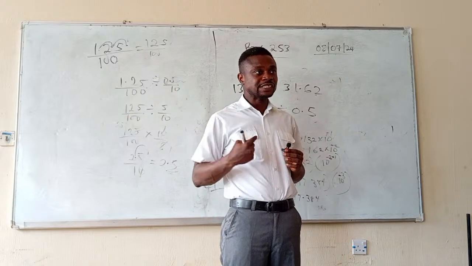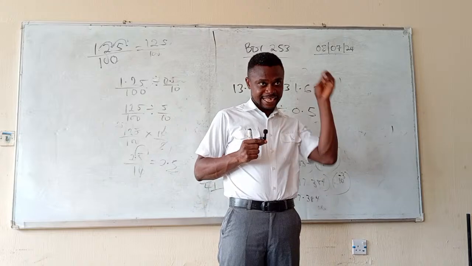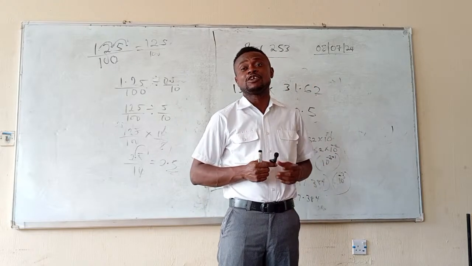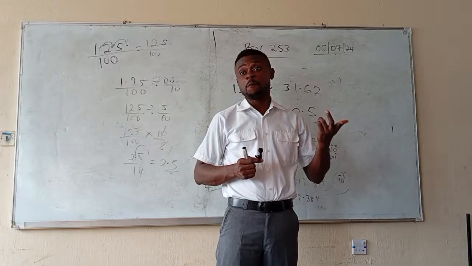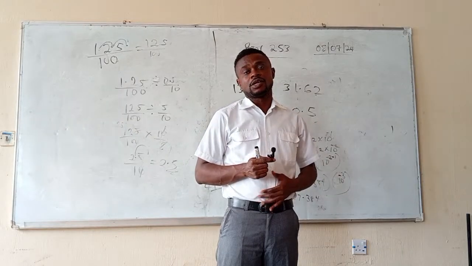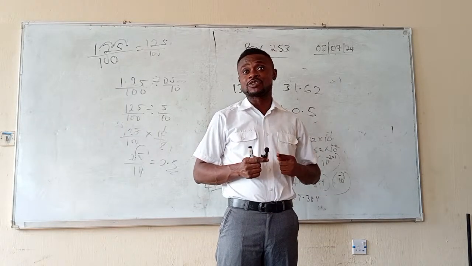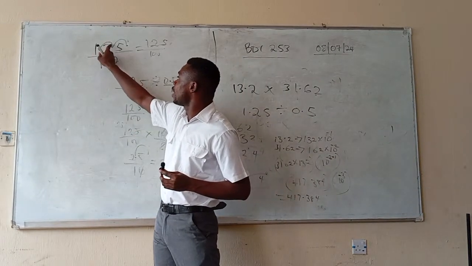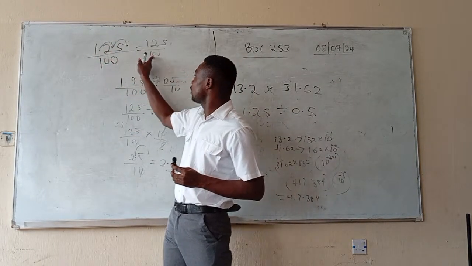But if you are removing 0, it moves to the left. Simple. So the number of 0s you add depends on the number of such movements. Here there are 2 movements, one to the right, two. That's why you have 2 zeros here.